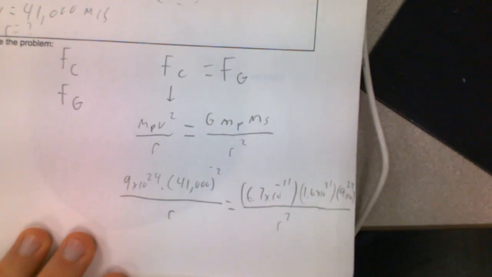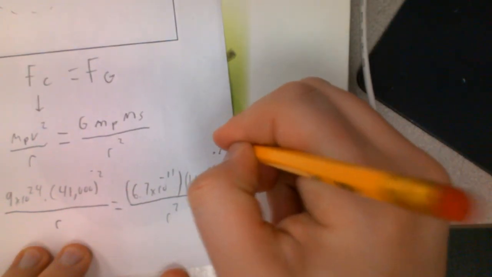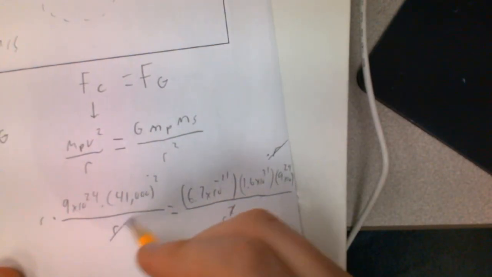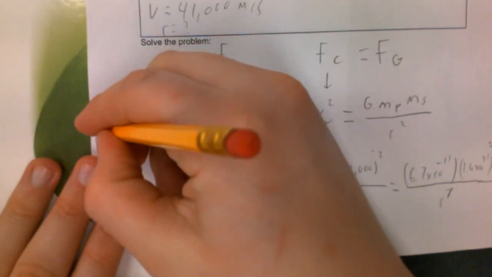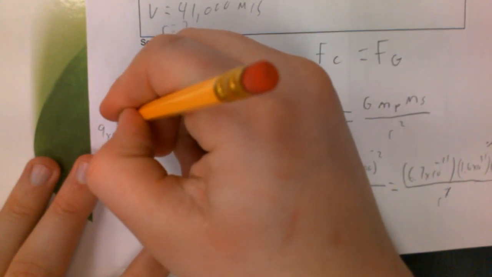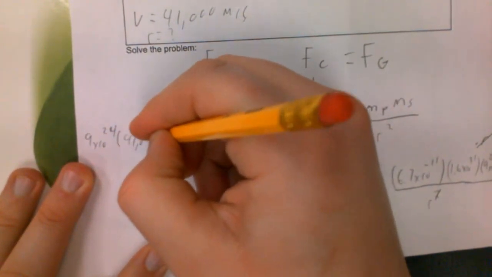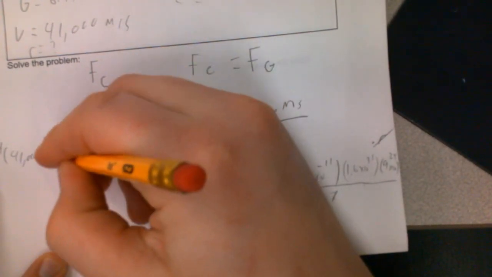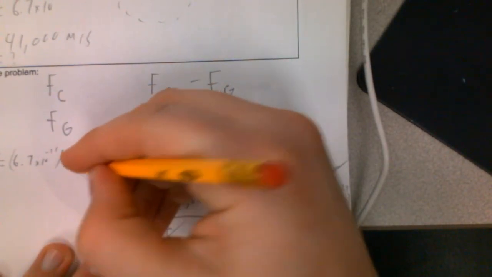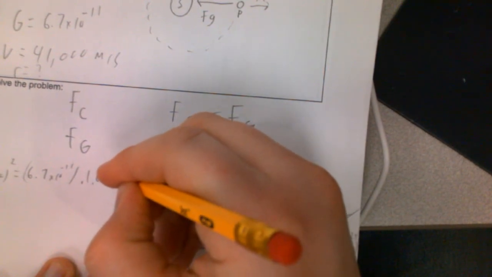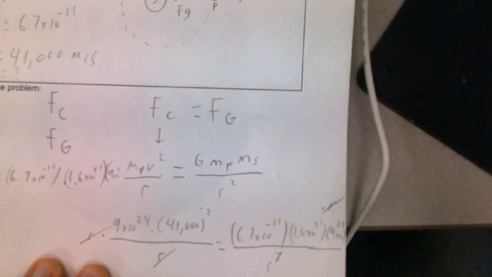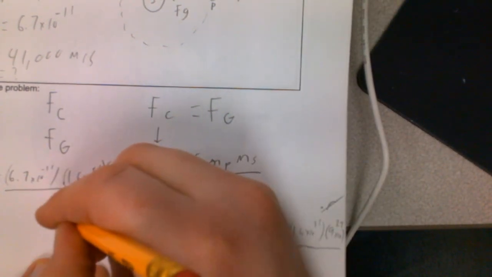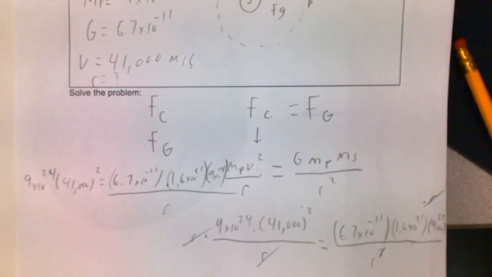A good way to get these R's together, just multiply both of these by R. That'll cancel here, and give us 9 times 10 to the 24th times 41,000 squared equals 6.7 times 10 to the negative 11th times 1.6 times 10 to the 31st times 9 times 10 to the 24th, and that's over R.